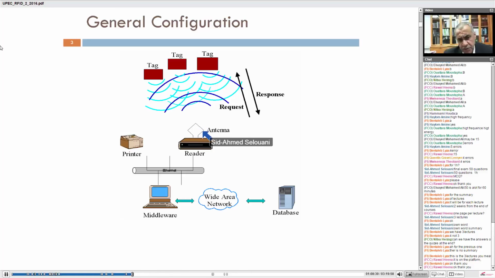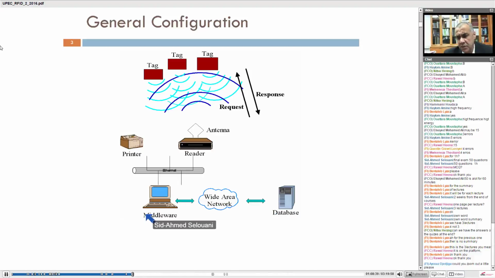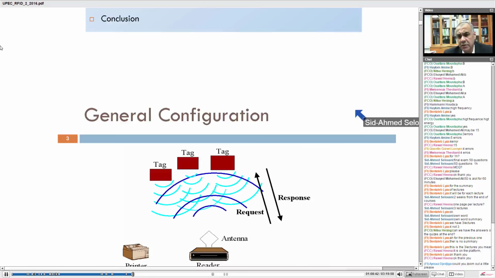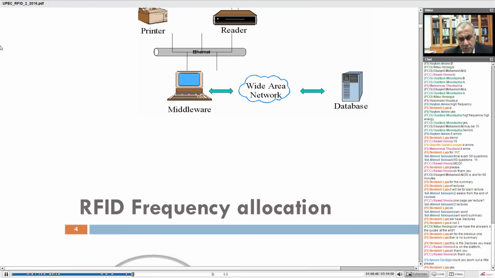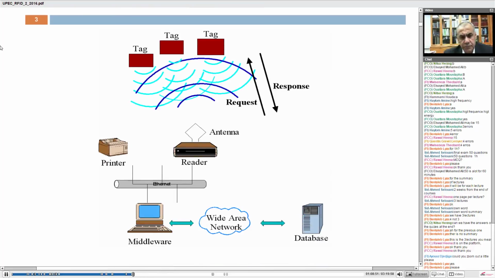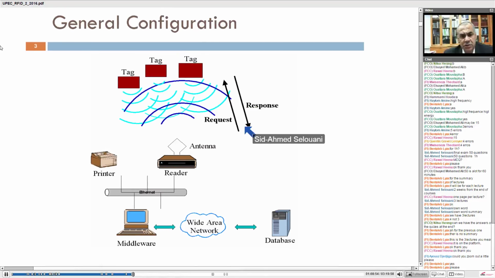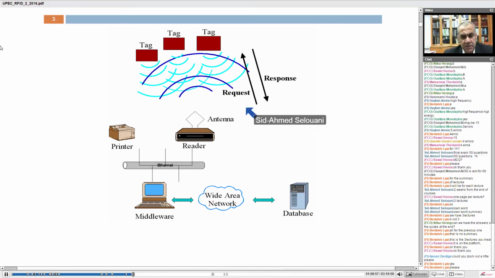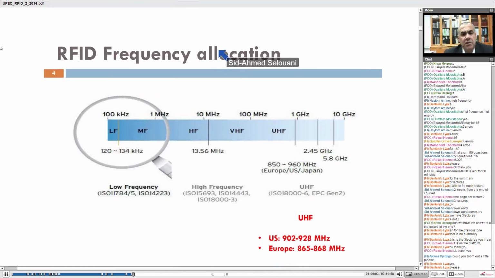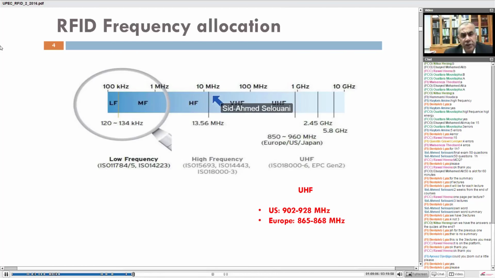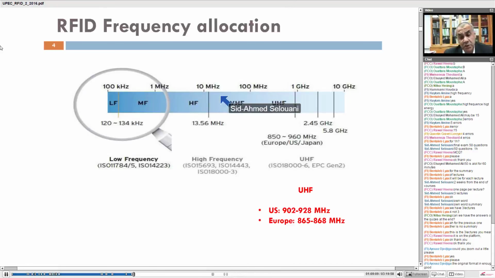Remember, the general configuration of an RFID network is composed of tags exchanging information with the reader through the antenna, and then you have a network, a middleware or host computer, and a database. Maybe it's big. Just this, it will be the right size. We saw this last course.